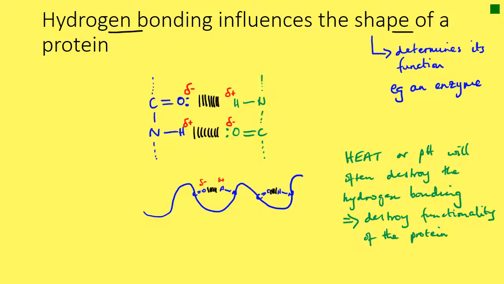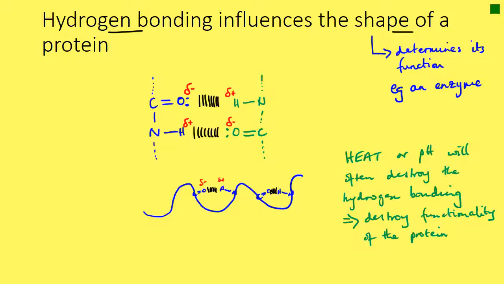And so if this then, I'm going to zoom out into the whole polymer, and let's say the polymer was a long chain that looked something like this, and you had this carbon double bond oxygen here, and this nitrogen hydrogen here, and you could have then your charges and your hydrogen bond there, like that, which would keep that kink in that molecule, just like that.